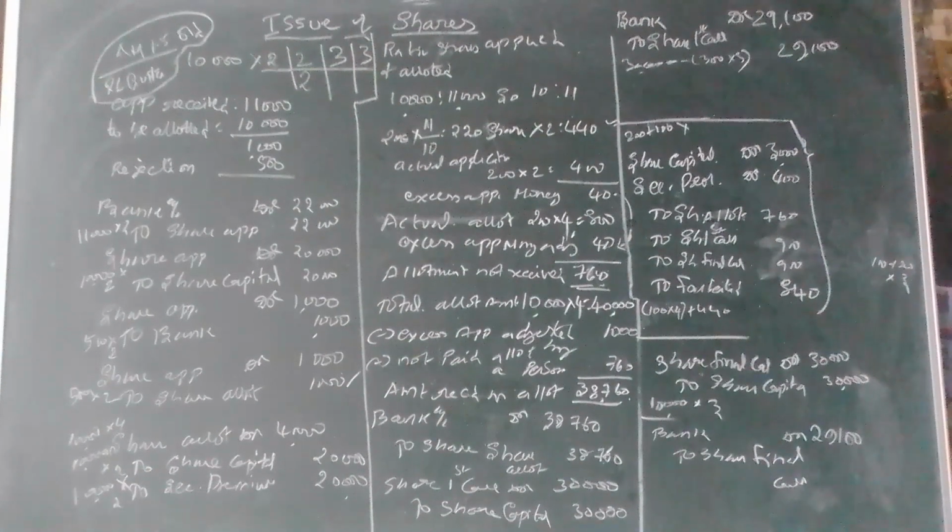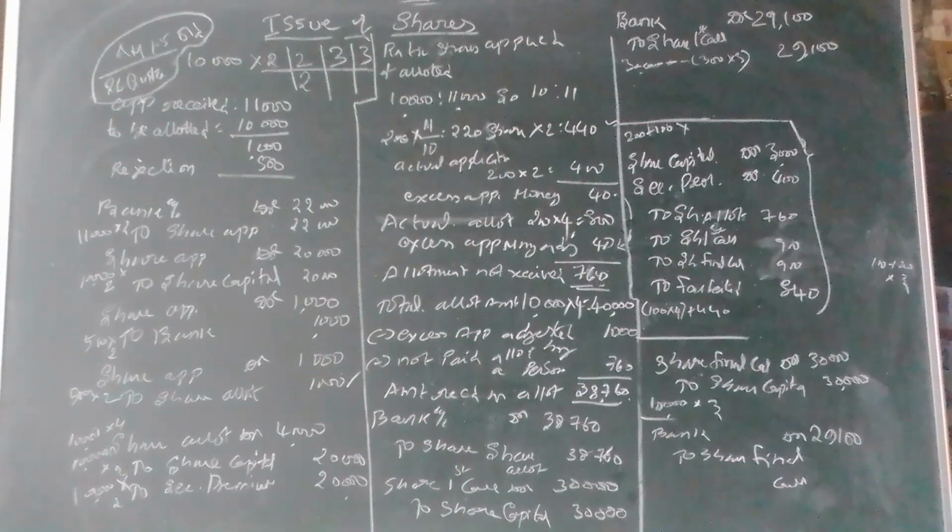Let us pass the entry. You know very well, first application received, then shares allotted, and then rejection entry, then prorata entry. Prorata entry is how many shares taken for the allotment of how many shares. In the prorata entry we have taken the excess share of 500 considered at the rate of 2 rupees.